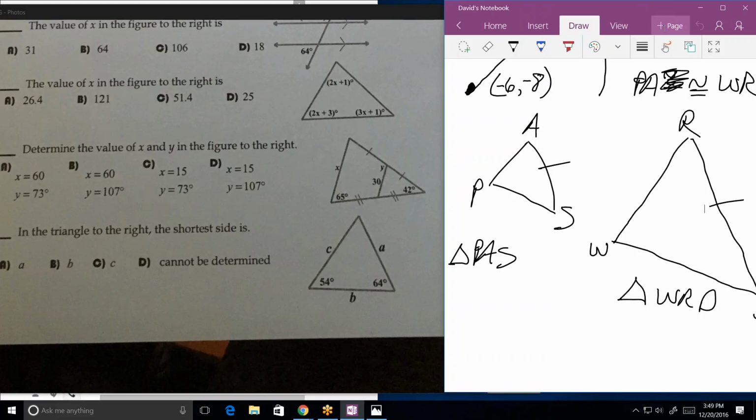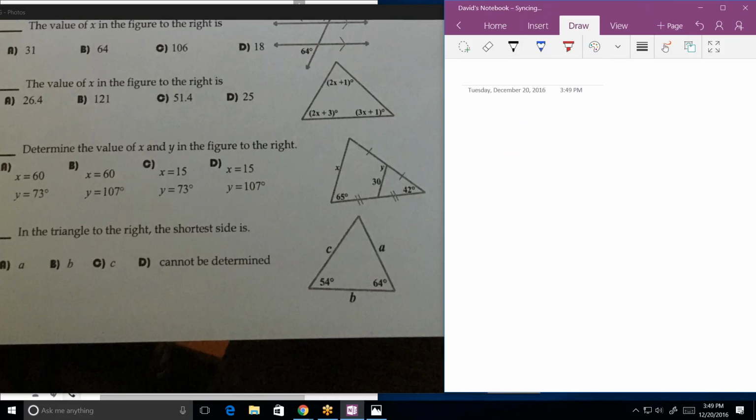And the reason I say that is because if you can ever draw a picture that clearly they're not parallel, and yet that thing can still bisect both sides. In other words, that's bisected and this is bisected.